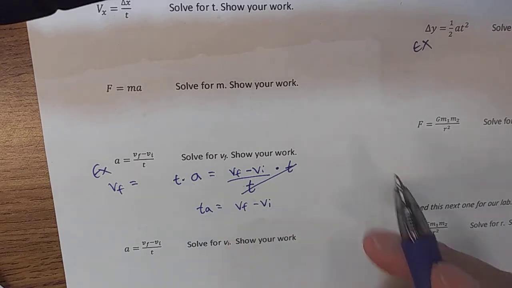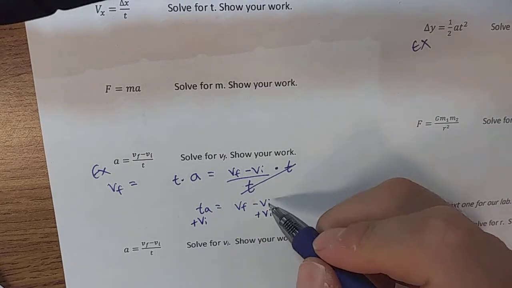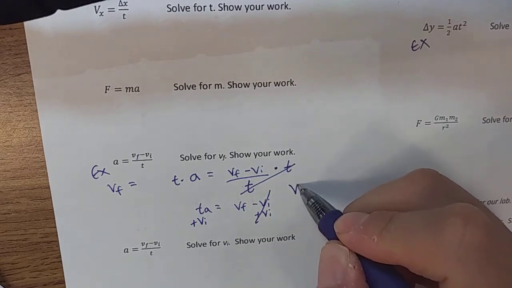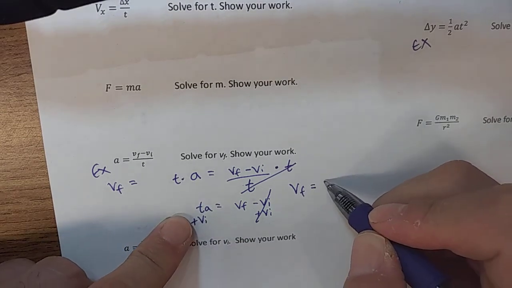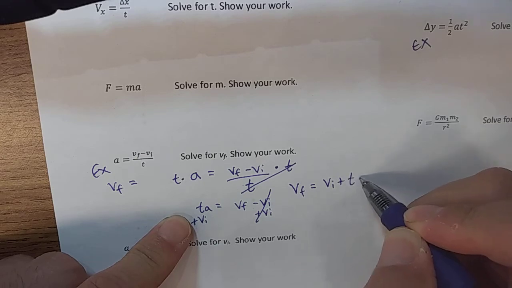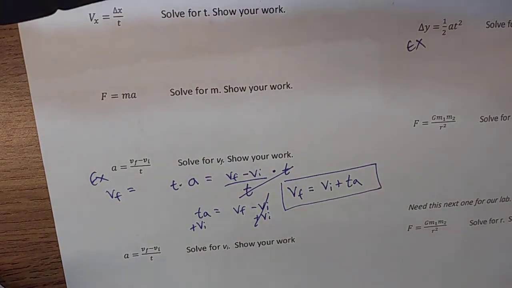So I have to add a VI, right? Those cancel. So now I have my formula, VF equals, and you could write this either way, with VI plus TA is probably the standard way. And that's that for that problem.